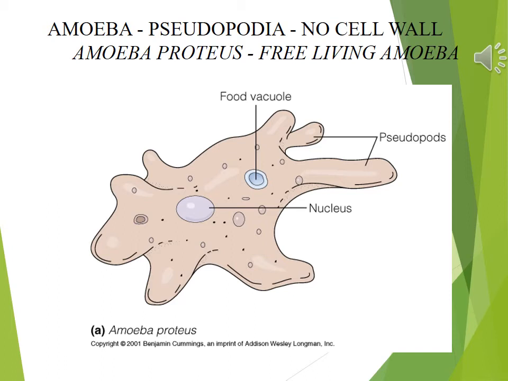Amoeba's most recognizable feature includes one or more nuclei. So it can have one or more nuclei, and it has a simple contractile vacuole to maintain osmotic equilibrium. Food enveloped by the amoeba is stored and digested inside the vacuole. This is called as the food vacuole.